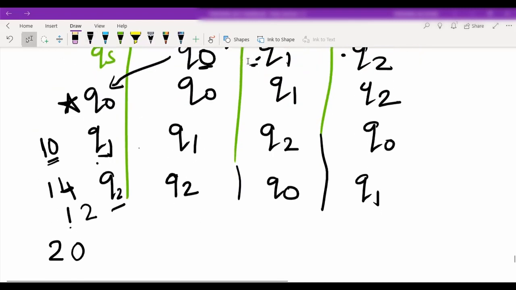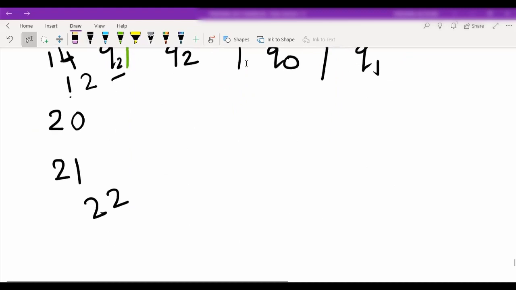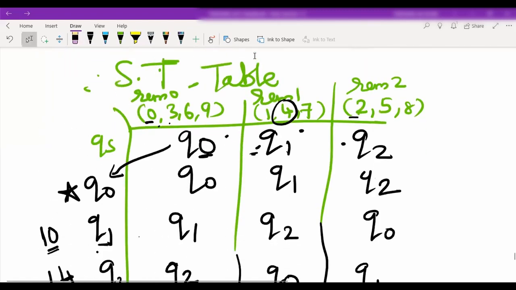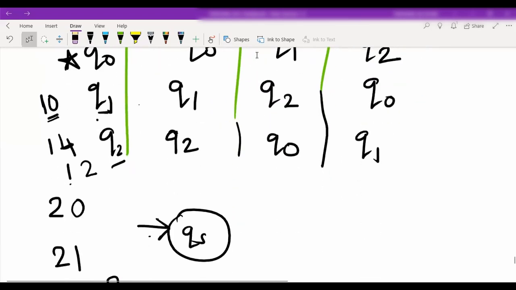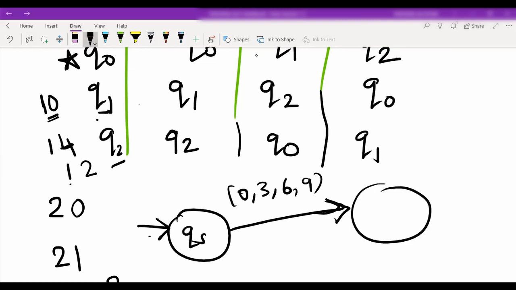Okay, now it's time to draw the state transition diagram. We start with the initial state, which we mark as QS with this arrow here. Now QS on 0, 3, 6, 9 goes to Q0, which is also the final state.